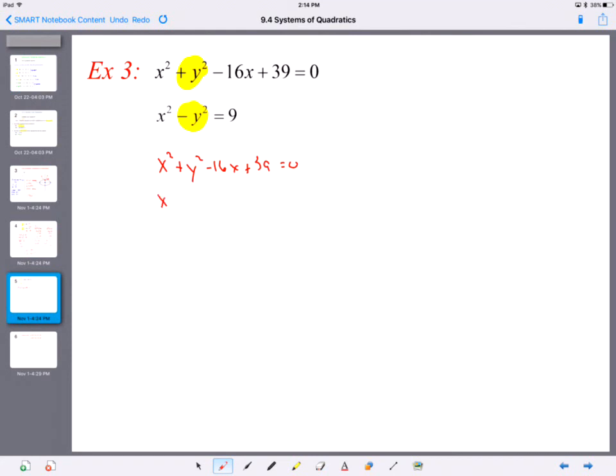And then this one I'll change to x squared minus y squared, and I'm going to subtract the 9, to line everything up here. So when I add, x squared plus x squared is 2x squared, the y's cancel, minus 16x just carries down, and then plus 30. And so we're left with a quadratic, and we just need to solve the quadratic.